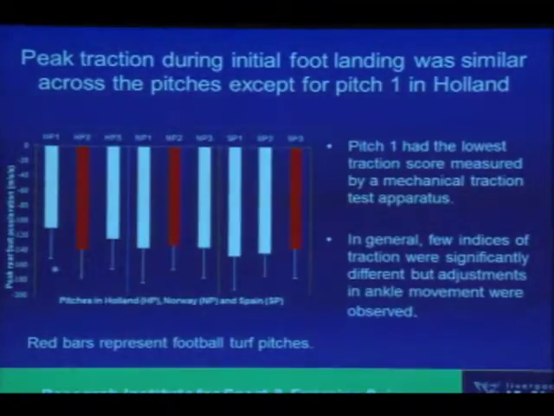It had rained the night before, some things you can't control, and it was slightly wet under soil. It still passed the tests for the mechanical test device, but it was slightly wet compared to the other natural turf surfaces. It gave us a lower result on the mechanical test data and also a lower result on the subject data.